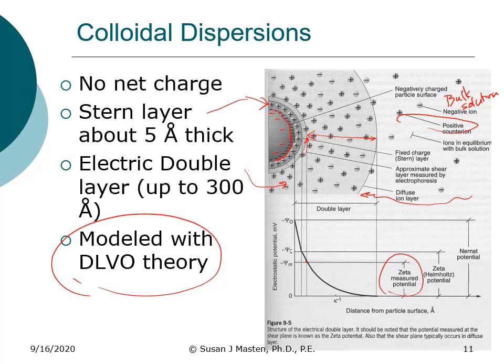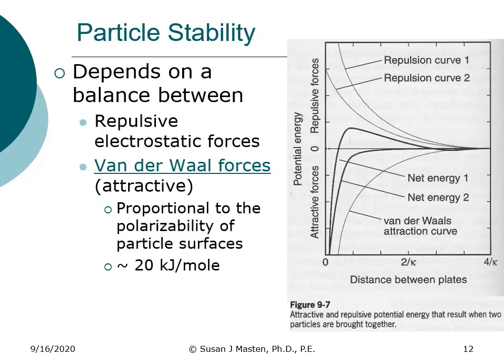And the zeta potential is measured at this point here. So it's into the double layer, but very, very close to the Stern layer. And it's important because it gives us a sense of how well these particles will aggregate.